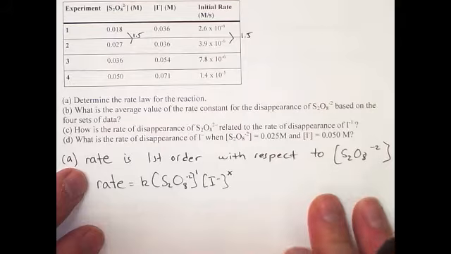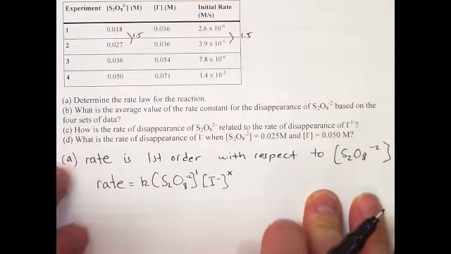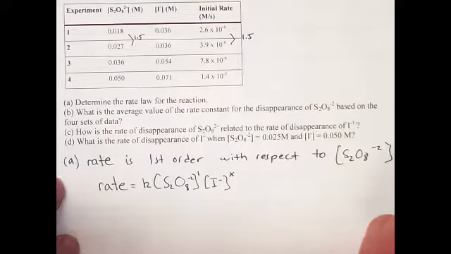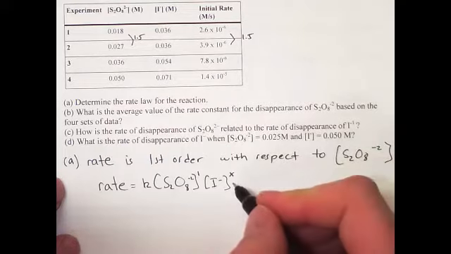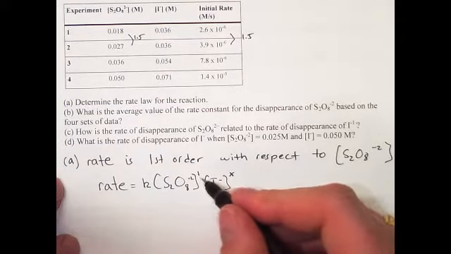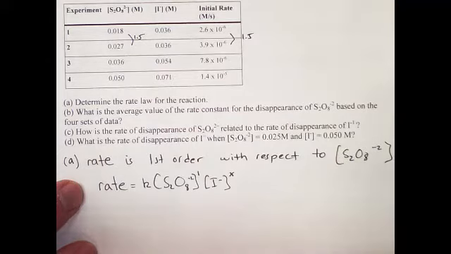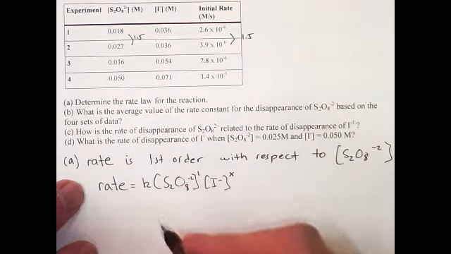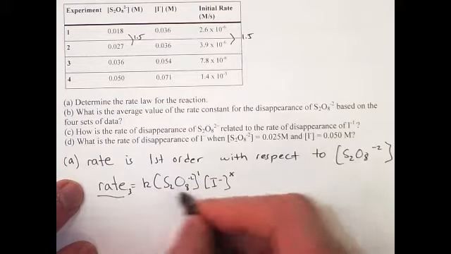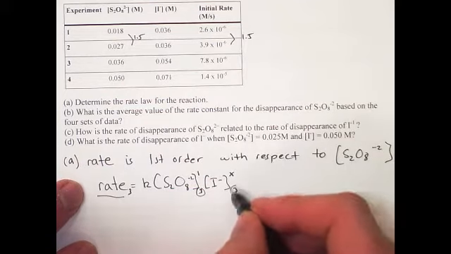We have all of the data that we really need here. We should just be able to pick any particular two, again because we do know that S2O8 is related to each other with 1. So I'm going to just simply pick reactions 3 and 2. I'll put 3 on top.